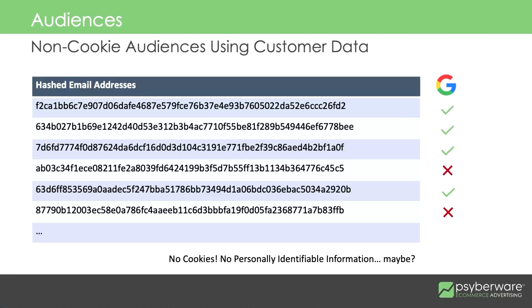So these customer data-based audiences are actually really simple lists where we can create a list of folks, say people who purchased in our Magento store over the last year. We take all their email addresses, we run it through an SHA-256 hash, and we create a list of those hashed email addresses. Now we pass that over to Google. Google can't decrypt that and determine what those email addresses are.